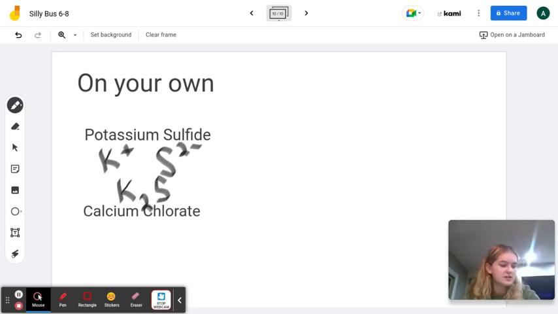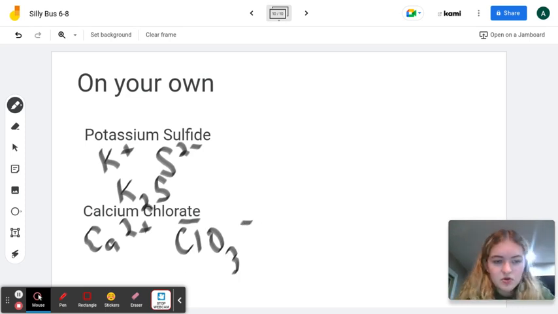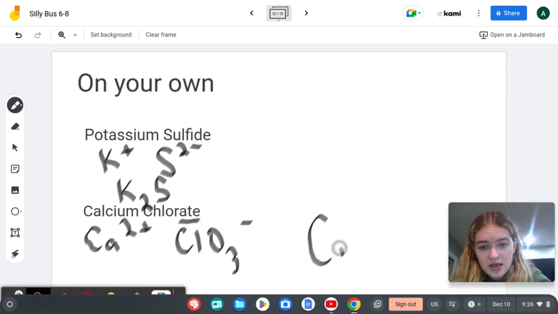And next, this is calcium chlorate. So, Ca, calcium has a charge of 2 plus. And then chlorate is ClO3, it's in the elbow and has 8, so 3, and a charge of 1 minus. Crisscross, you should have gotten Ca2.